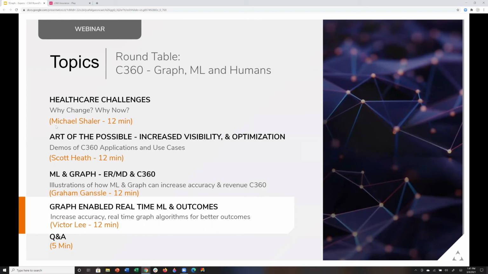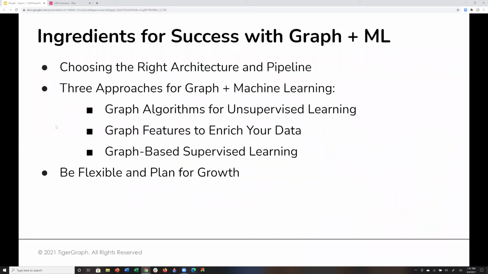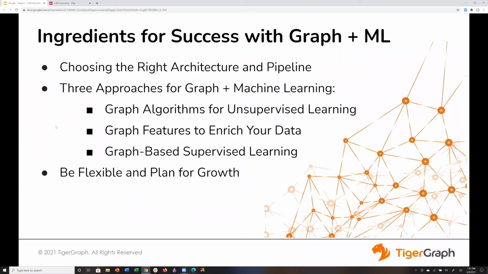I'm going to talk a little bit more about the graph underneath, the graph engine and the graph database. So we can go on to the next slide. You've heard a lot about why analysts believe graph is important. You've seen a lot of use cases for financial services and, first of all, customer 360, knowing your customer better, and then how that is the starting point for getting a lot of beneficial gains.